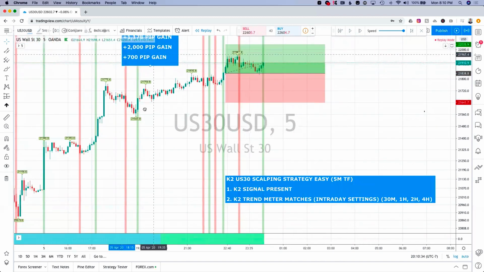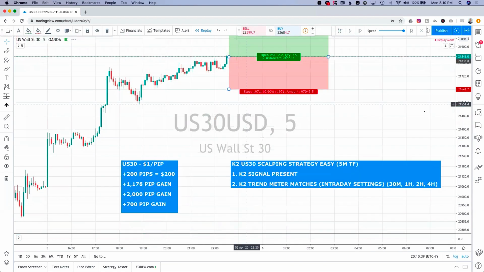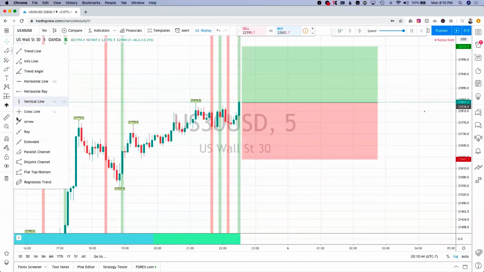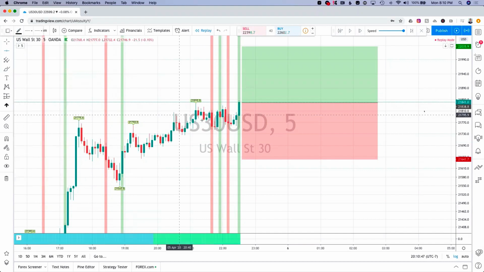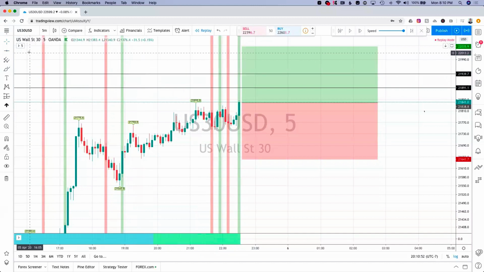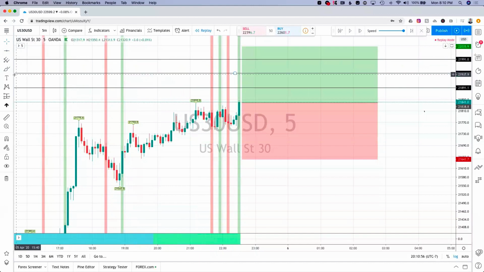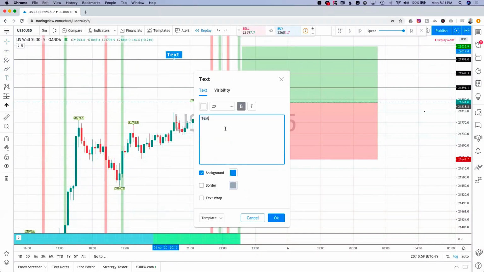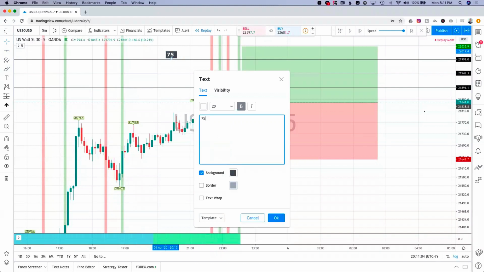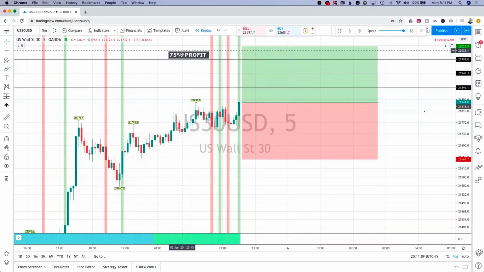So if you guys understand what the K2 exit strategy is, basically what it is, once price reaches 25%, so I'm just going to mark these here, 25%, 50%, and 75%. So we got 75% there.